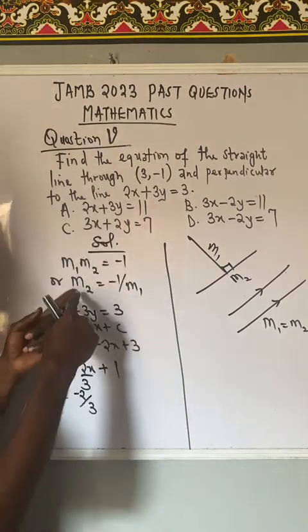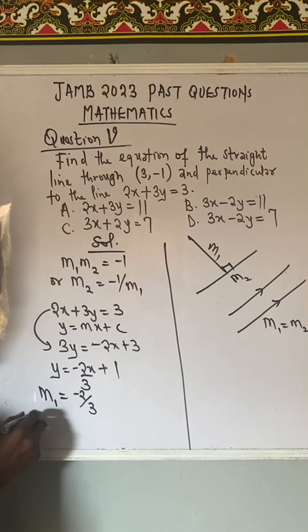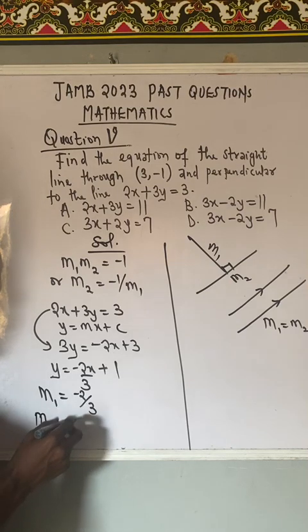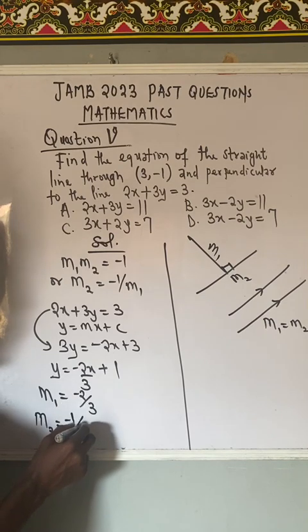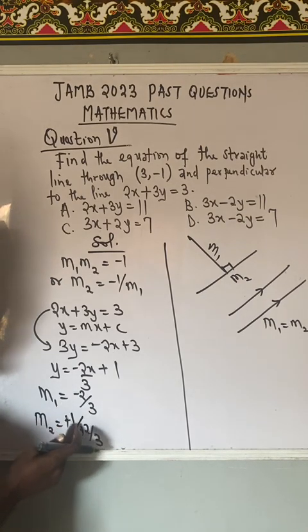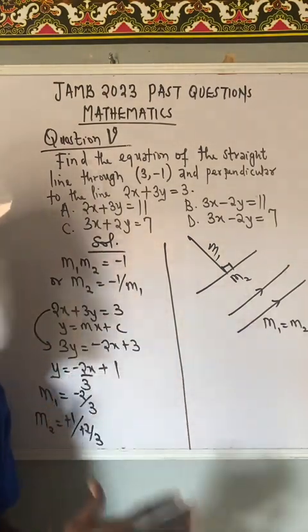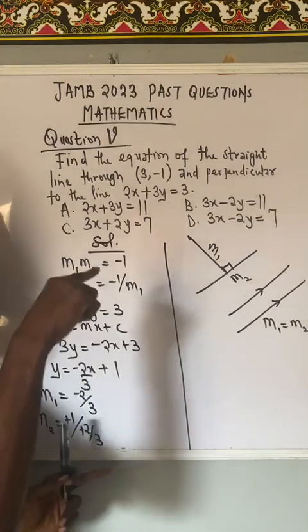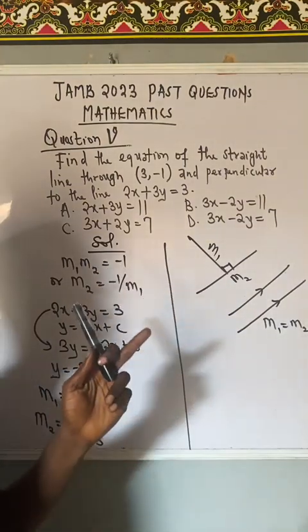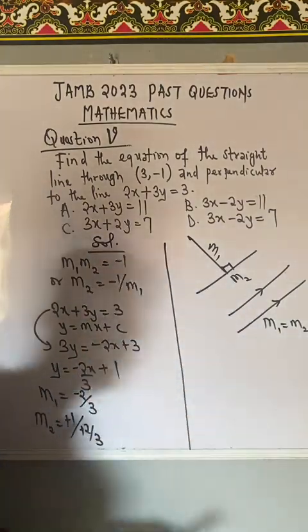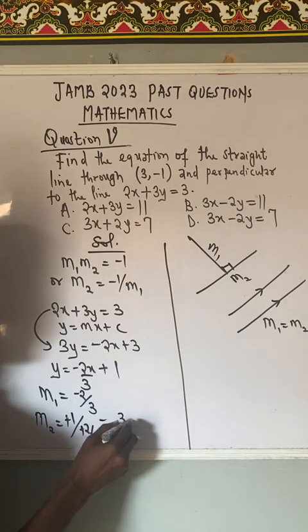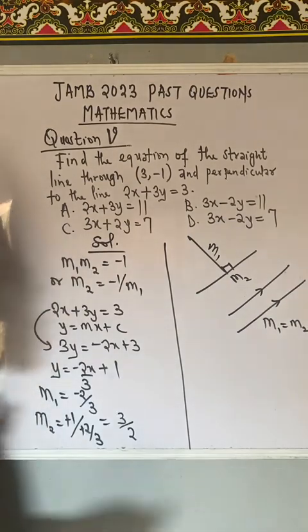So that means we can say the required line, the slope of it will be m2 equal to minus 1 over m1, that's minus 1 all over minus 2 over 3. First of all, minus cancels minus. 1 divided by a fraction, it will reciprocate the fraction. It will make the denominator come up and the numerator go down. So we have 3 over 2.